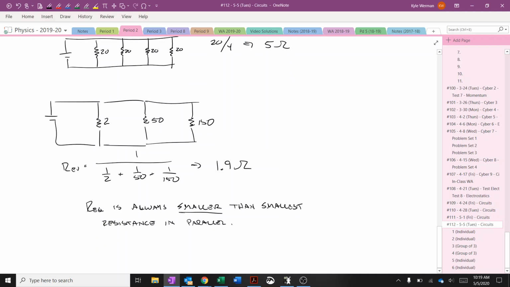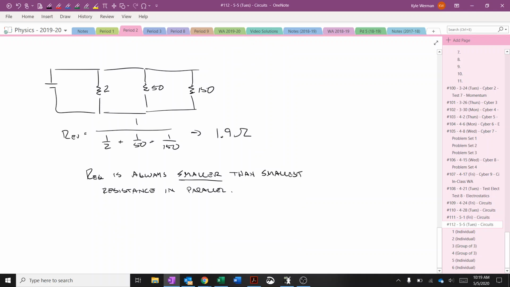Right? So just by looking at that, because I have 3 pathways that are in parallel, when I see 2, 50, and 150, I look at the smallest one, and I know that my equivalent resistance better be smaller than that. So it's a nice little pattern that you would see.